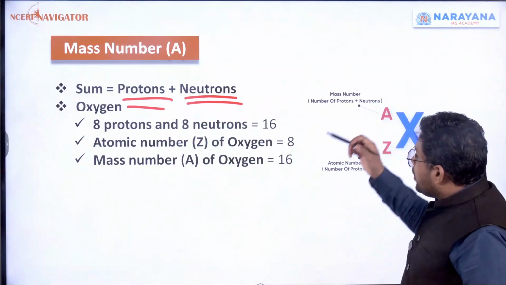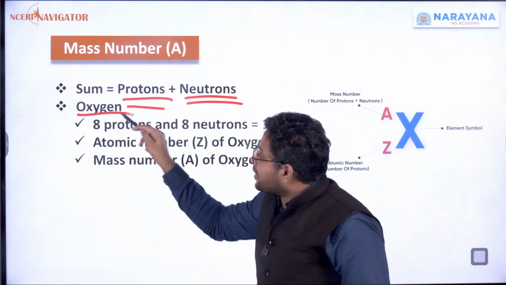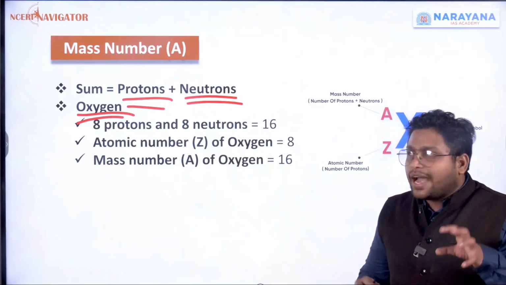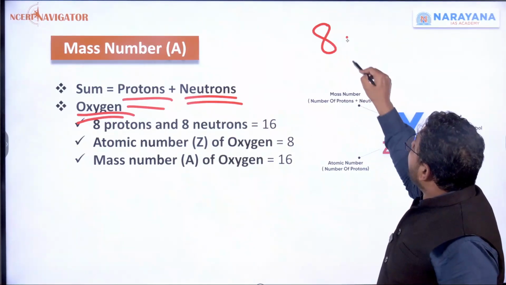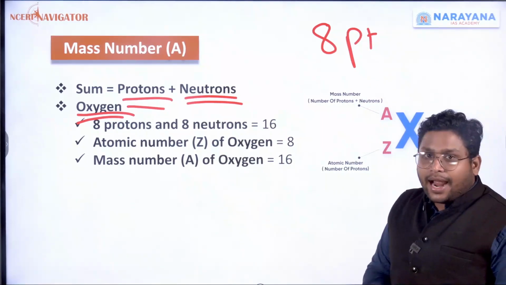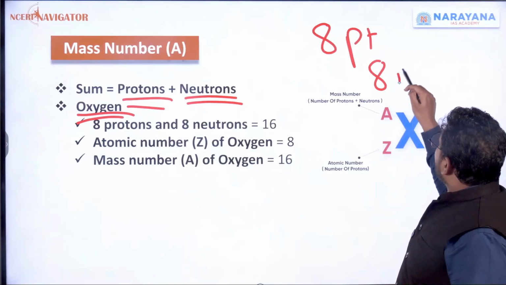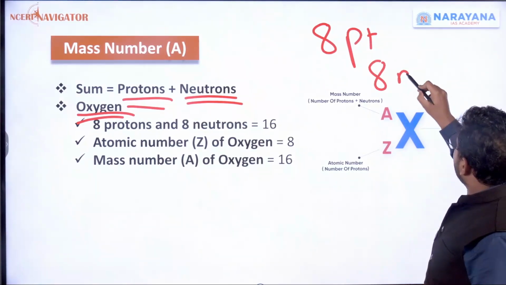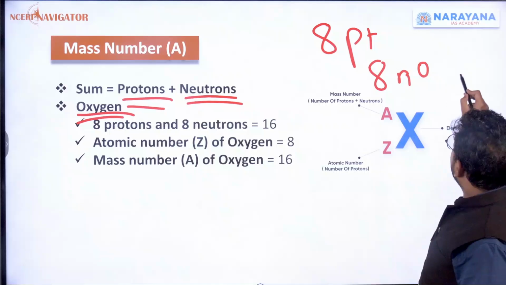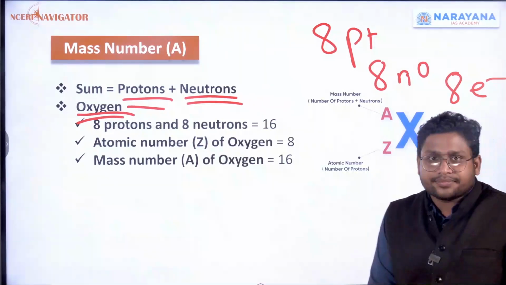Okay, so let's say I have an oxygen atom. In the oxygen atom, I find there are a total of 8 protons present, and also 8 neutrons present. Sorry, neutrons have 0 charge, and also 8 electrons present.